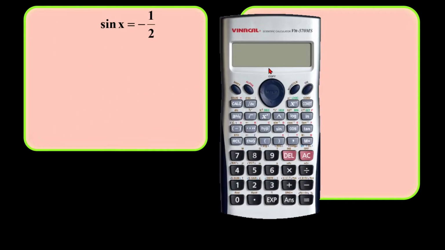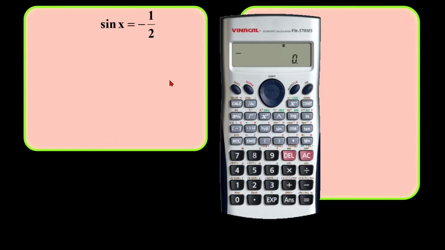Okay, next thing is I'm going to find the value of x. To find the value of x, I will need the reference angle for x. So how to find the reference angle again? I'm going to go over to my calculator now. I will need to find sine x equals to 1 over 2.